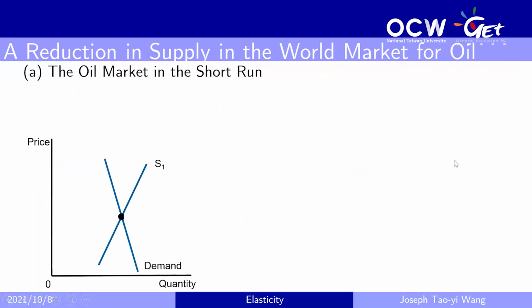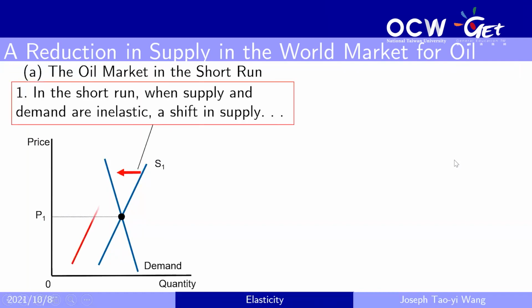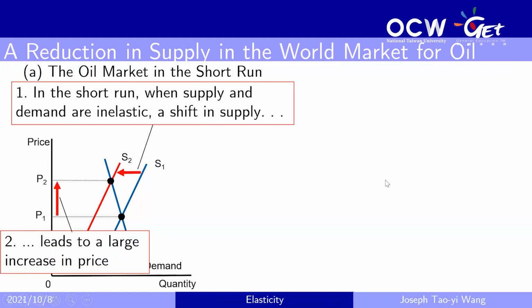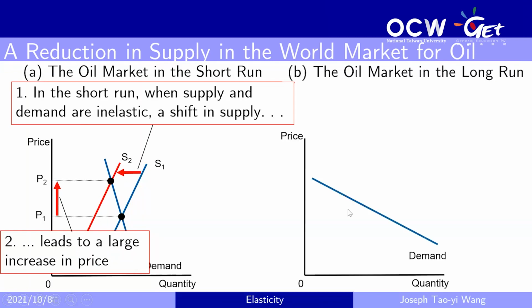So in the short run, you have a relatively steep supply curve and demand curve. And so when you have a supply shock, you shift the supply to the left. So here, what you get is a huge price effect, because prices are going to go up like crazy because of your steep demand curve. So in that sense, reducing supply in the world oil market is going to have a huge effect in terms of increasing prices.